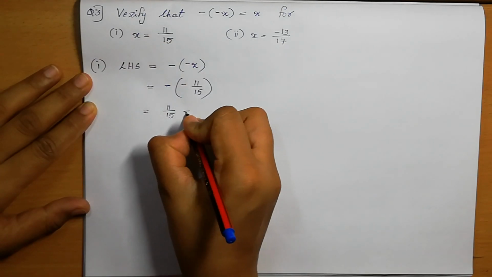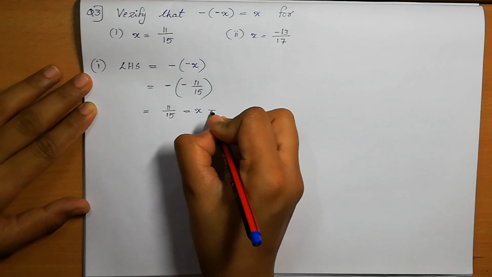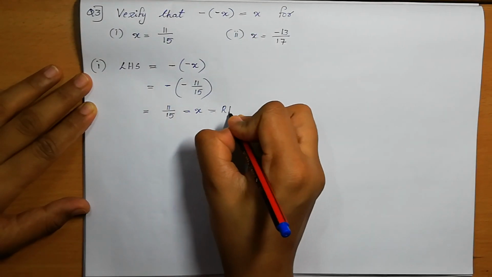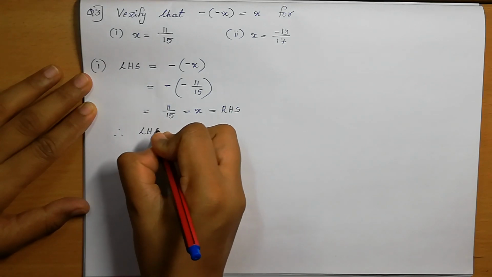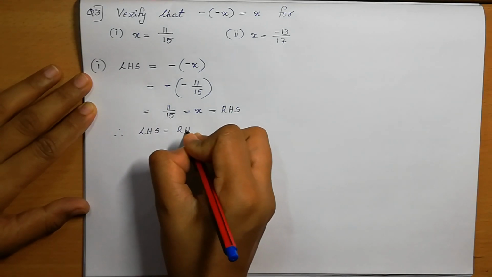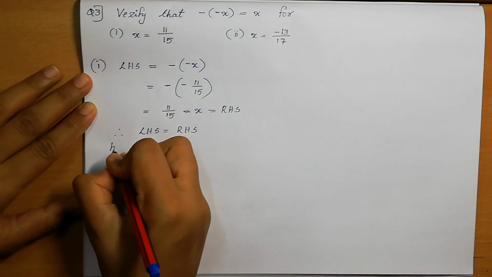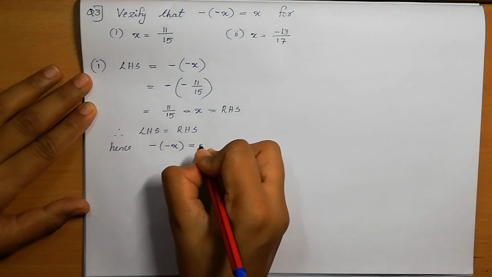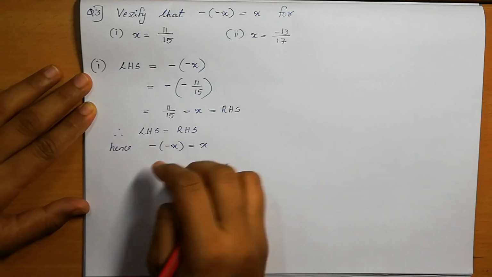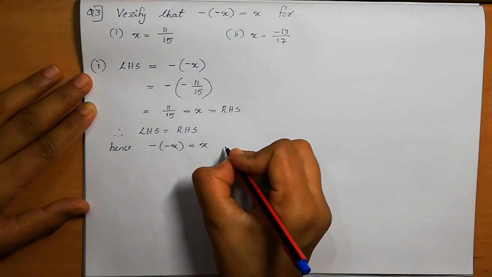So 11 by 15 equal to x. That means x is equal to what? RHS. So we can write therefore LHS equal to RHS. Hence minus of minus x equal to x. Hence minus of minus x equal to x verified.